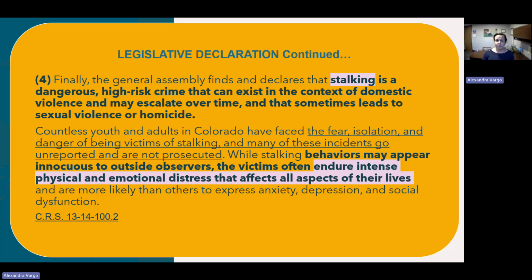So things like that, I think, are just important to know. And also the effects of those stalking behaviors are really serious and affect all aspects of folks' lives and can really increase anxiety, depression, and other struggles that the victim of those types of behaviors experiences.